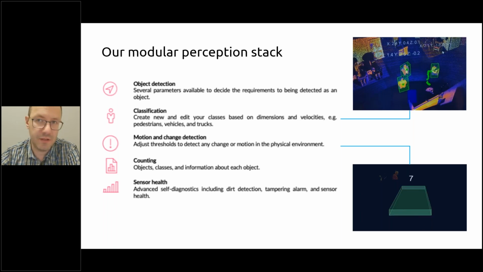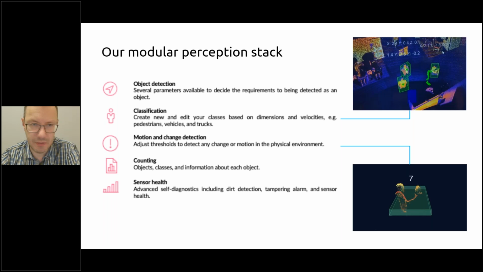Also, you can define if this warning should be sent right away, if the object is in the zone, or after some delay, because maybe in your scenario you want to allow the object or the points to be inside the zone for a couple of seconds, but if they are there longer than a couple of seconds, then you need to get a warning about it.